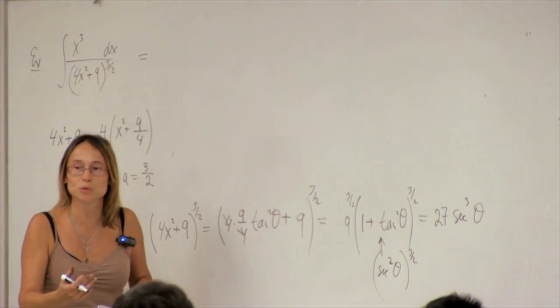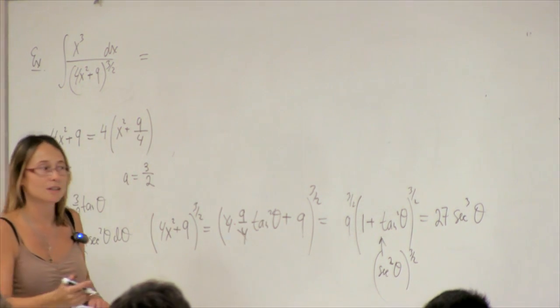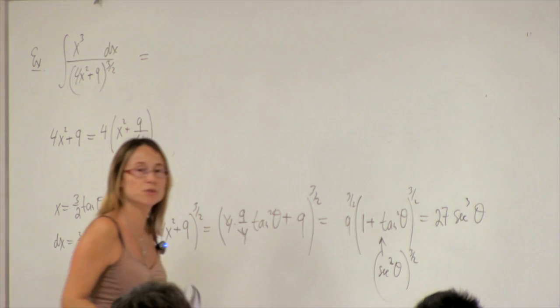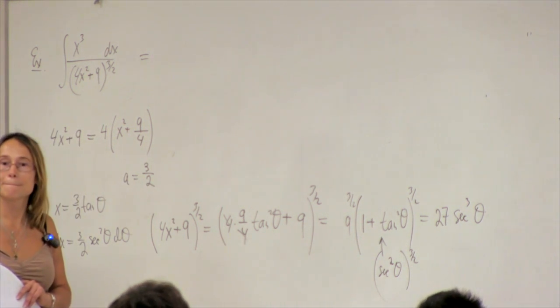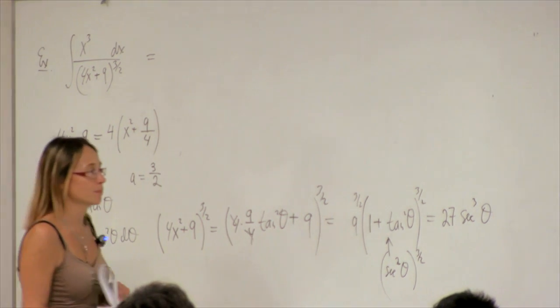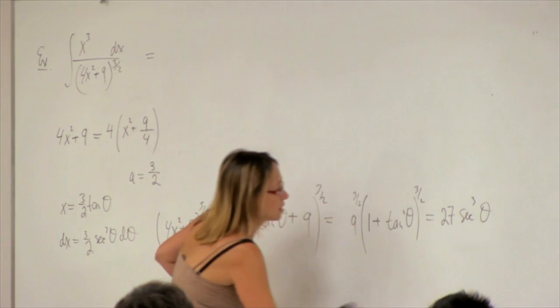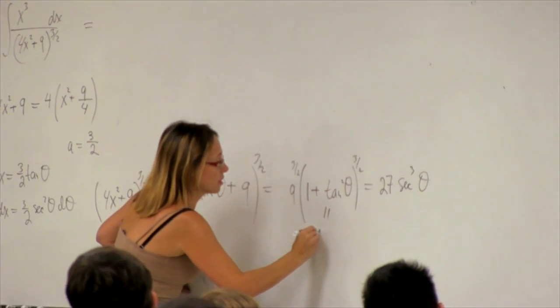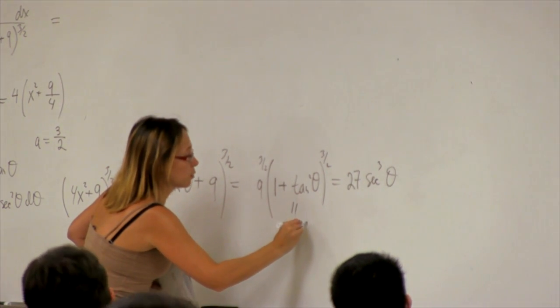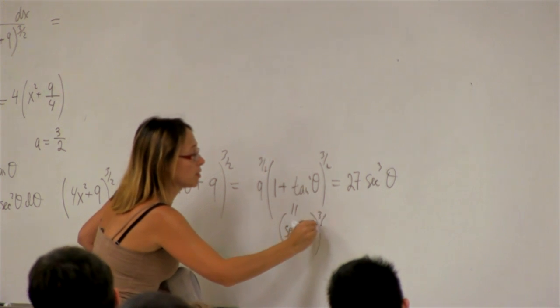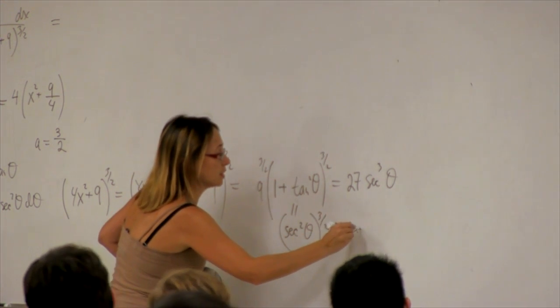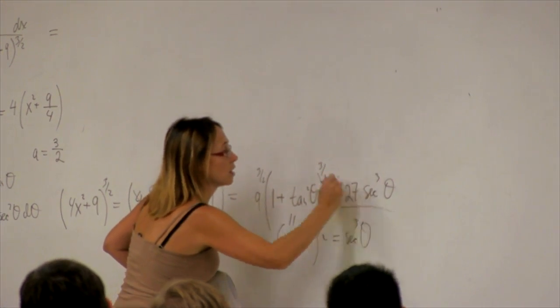So I have to take the square root of secant squared, and the remaining power is 1/3. Questions? So secant squared theta to the power 3/2 is secant cubed theta.